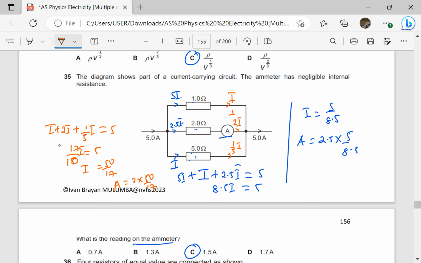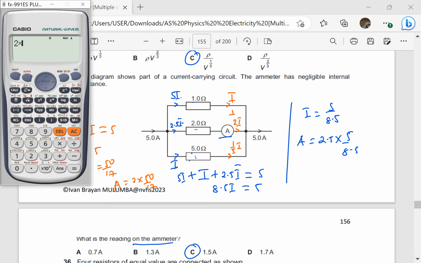1 over 5. Oh, this is a half, which is 0.5. 1 plus 0.5 plus 0.2.